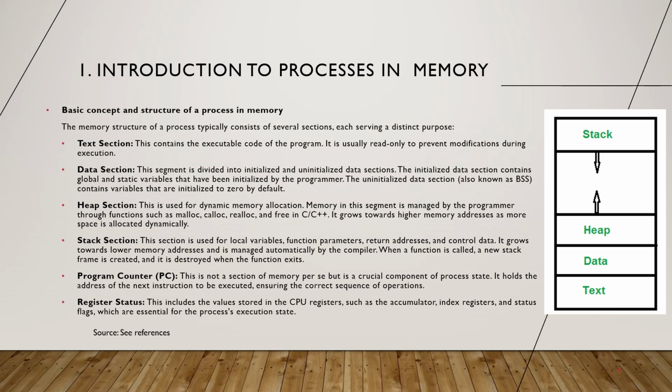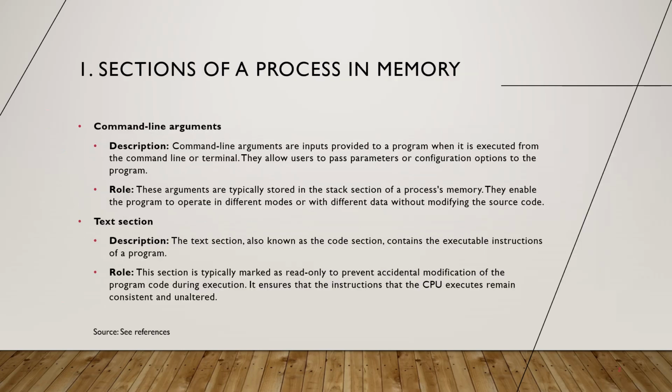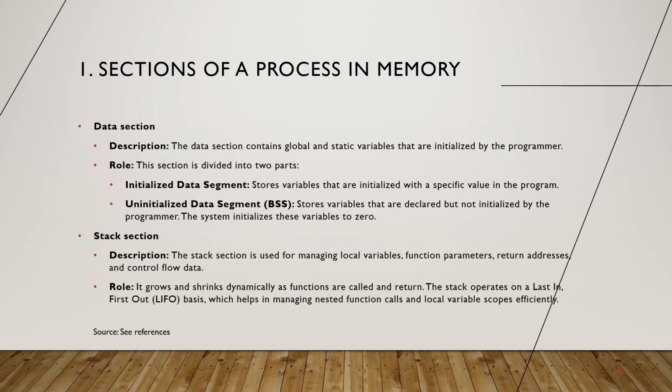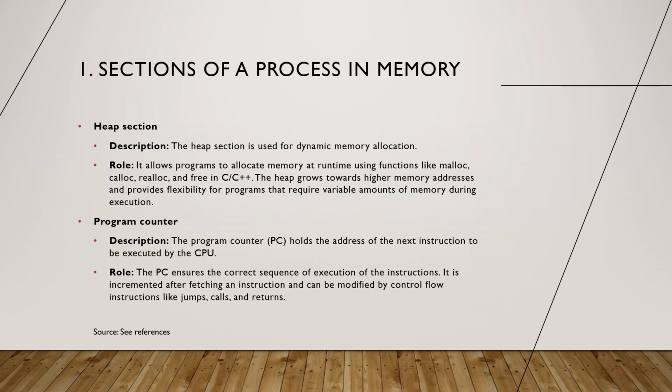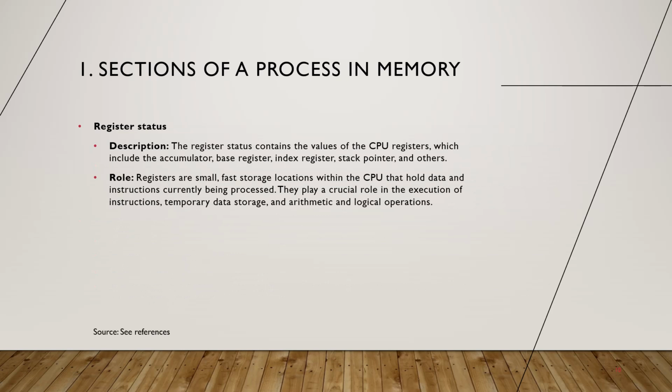Then we went deeper into basic concepts and structure of a process in memory. Then we learned about the sections of a process memory, like command line arguments, text section, data section, stack, heap, program counter, and finally the register status.